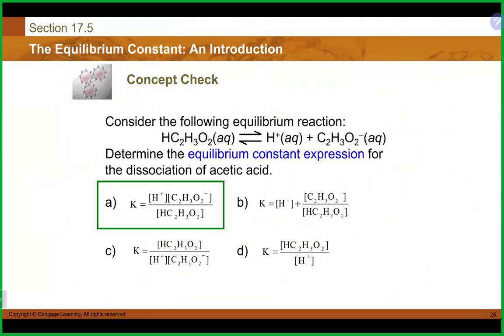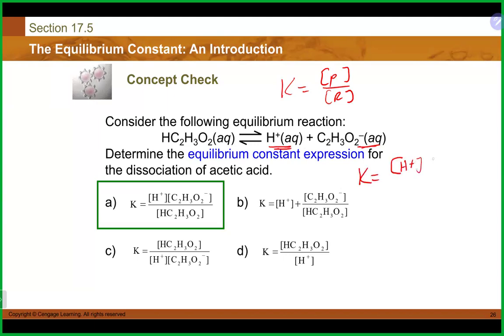All right, so if we look at this reaction, what is the equilibrium expression? Once again, we're going to take our products over our reactants. In this particular case, that's aqueous and that is aqueous, which means it does get included. So we definitely would include both of those.